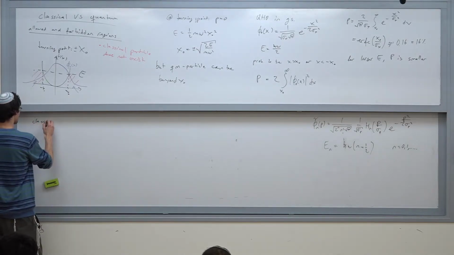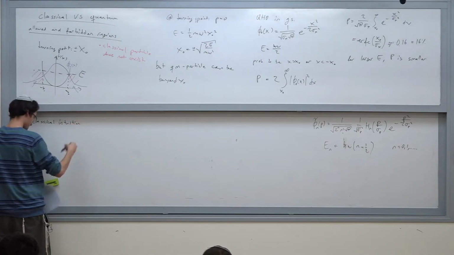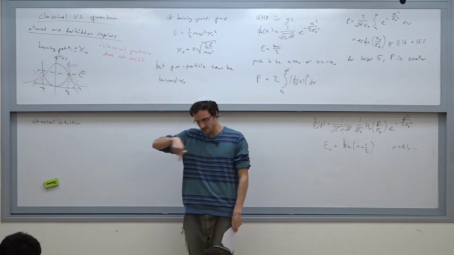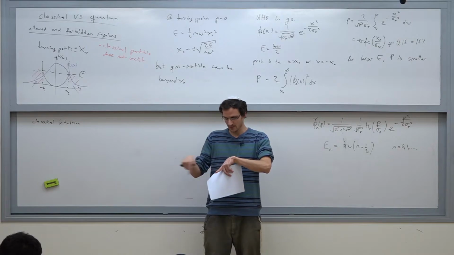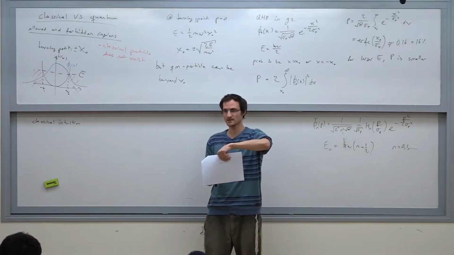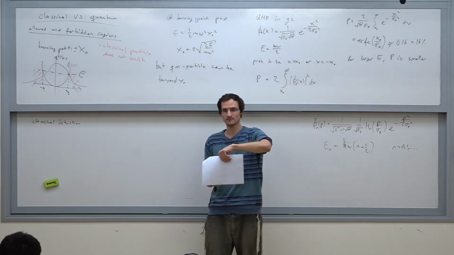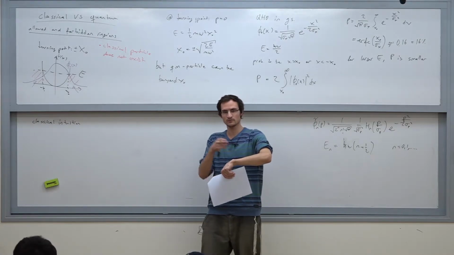Talk a little bit about classical intuition. So I have a box, or I have a harmonic oscillator. I have some ball that's tied to a spring that's going back and forth, and I'm covering it. And I would like you to guess, when I uncover it, where will the mass be? At which position? Will it be towards the center? Will it be on the side?